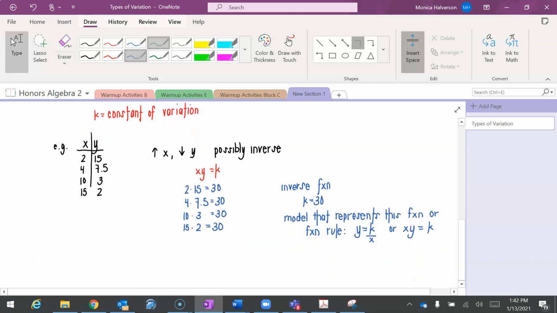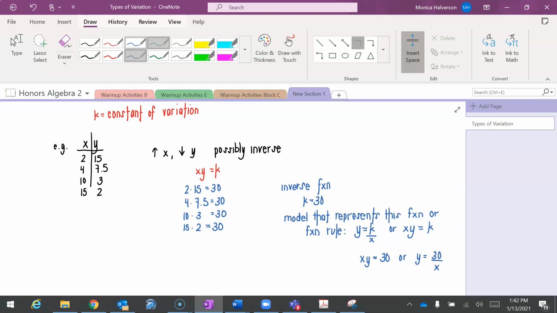K equals 30. So we could say our function rule is xy equals 30. Or we can say y is equal to 30 over x. Both of these would be the function rule that represents this.